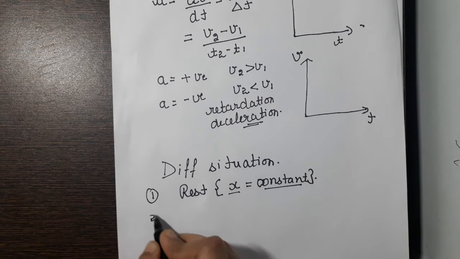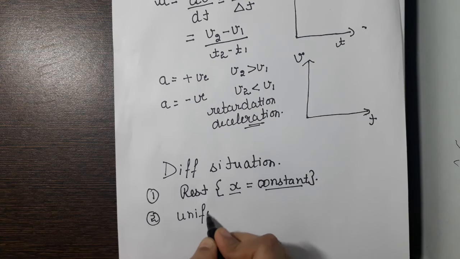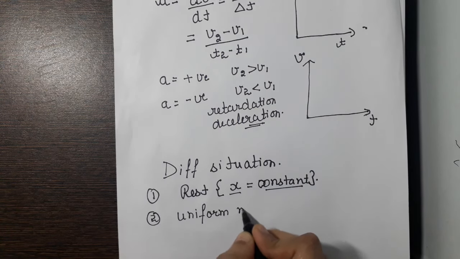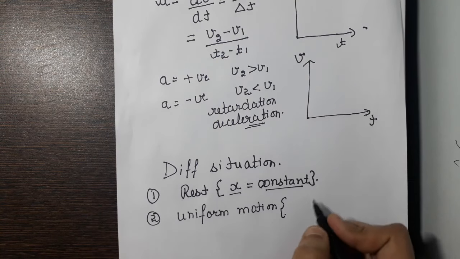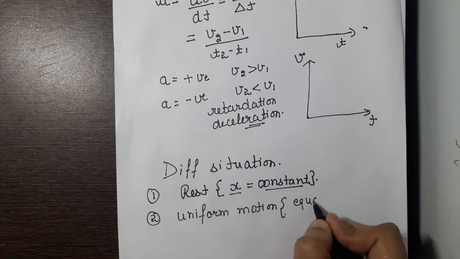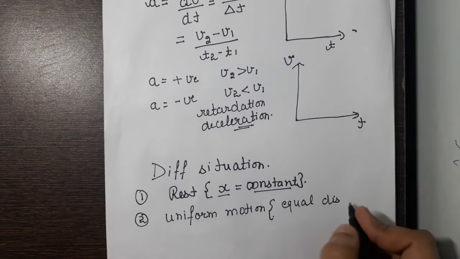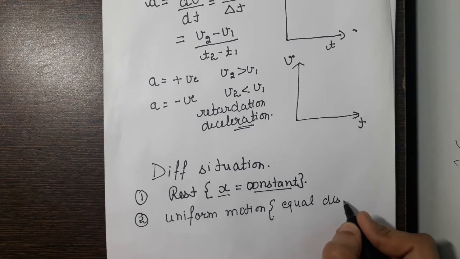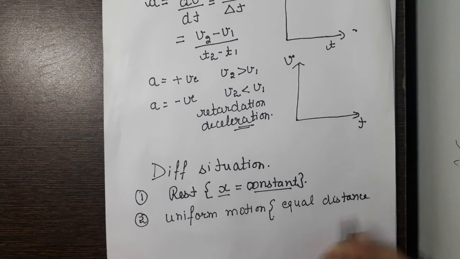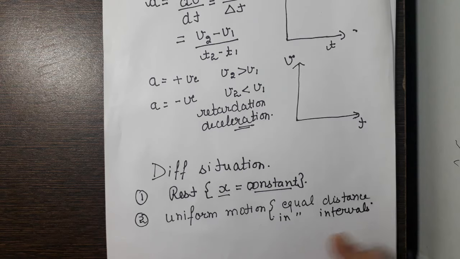When will body be in uniform motion? Uniform motion will be described when equal distances are covered in equal intervals of time. As we discussed in earlier videos, uniform motion is said to be when any body covers equal distance in equal intervals of time.